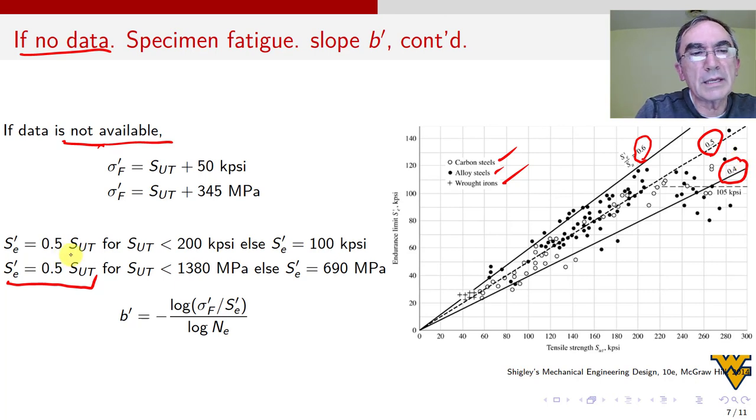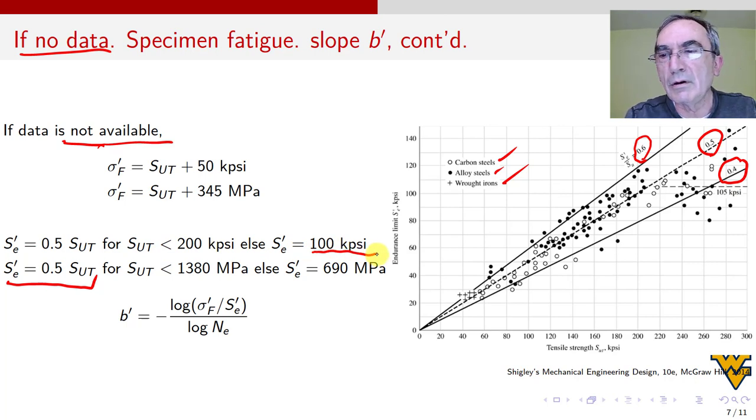The rule also says that if the S_UT is kind of high, which would be for modern materials, then I'm afraid to take half. It doesn't matter if S_UT is 210 or 300 or 350, I'm going to take 100. So I'm just going to cap it to that.